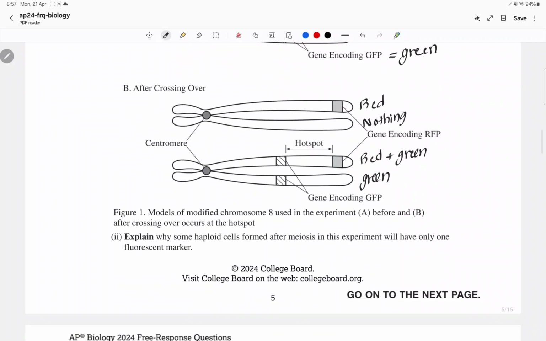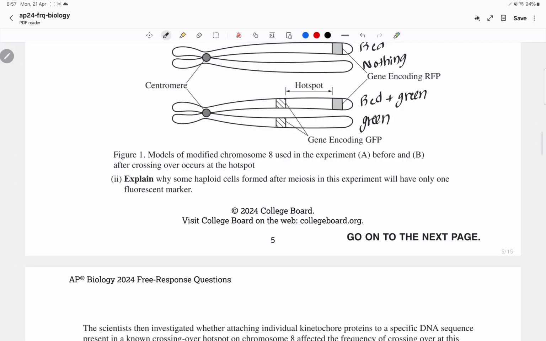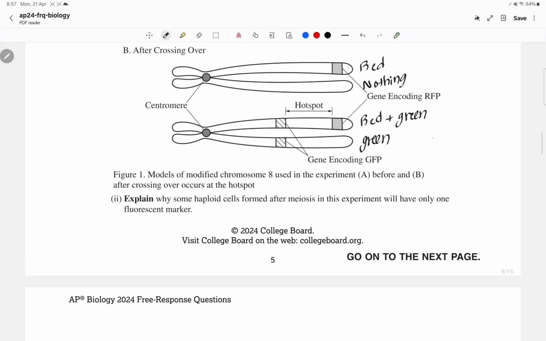Okay. A double I. Explain why some haploid cells formed after meiosis in this experiment have only one fluorescent marker. So right now we're talking about the ones that are on the edges, the green one and the red one. Well, you should know that crossing over is only happening between the chromatids that are adjacent to each other from the different chromosomes. That means the chromatids at the edges do not undergo any crossing over.